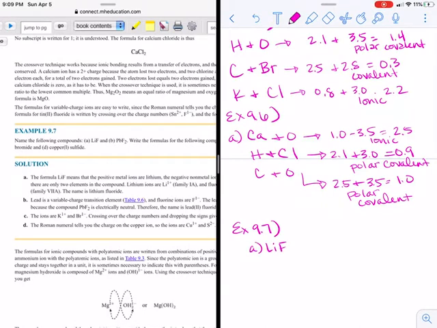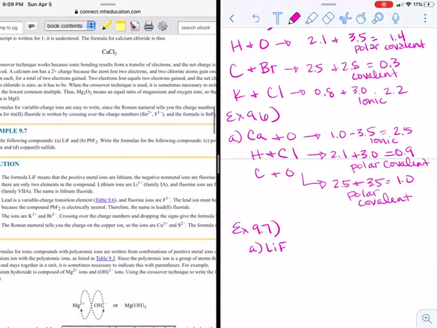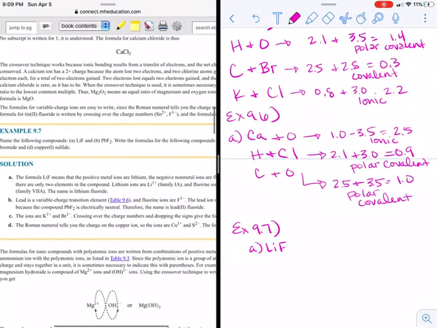It says, name the following compounds. So we've got LiF. Okay, now this is where, for some parts of it, it makes me mad because it's in a different section, but you're really going to want to use table 9.2 and 9.3.